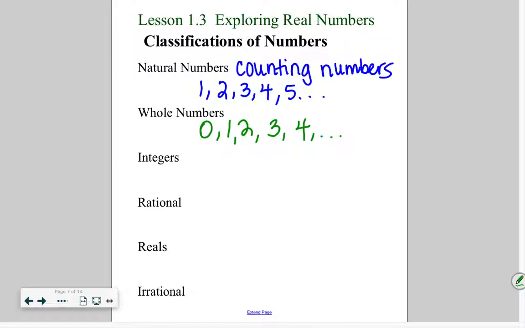Now we get to expand it a little bit more. What do integers have? Negative. Do you remember what the definition for an integer is? Whole numbers and their opposites.